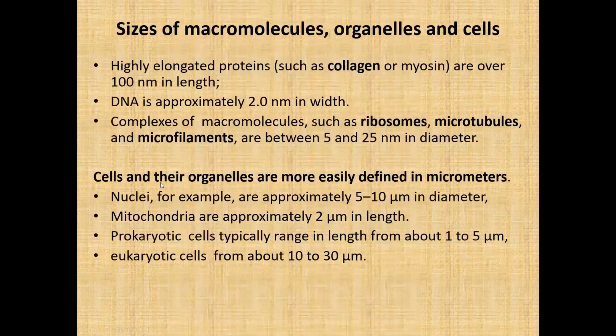As for other bigger components of the cell, like organelles, nuclei are approximately 5 to 10 micrometers and not nanometers. Mitochondria are approximately 2 micrometers in length. Also, prokaryotic cells typically range in length from about 1 to 5 micrometers, and eukaryotic cells from about 10 to 30 micrometers in length.